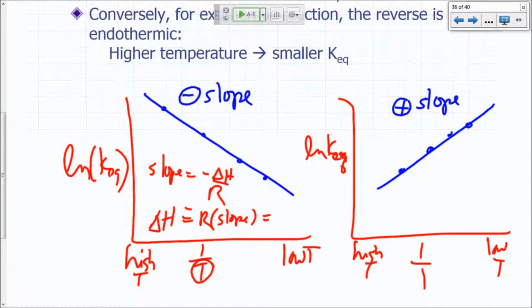So what's negative R times a negative number? You have a negative times a negative slope. Negative R times a negative slope will give you a positive delta H. So we say that if the graph looks like this, our reaction is endothermic.